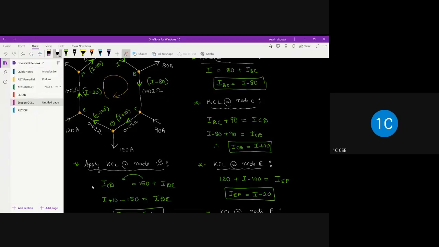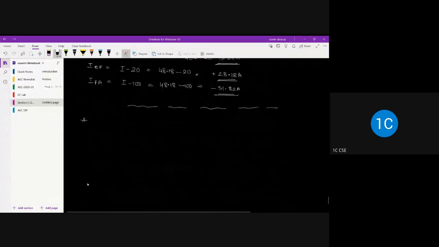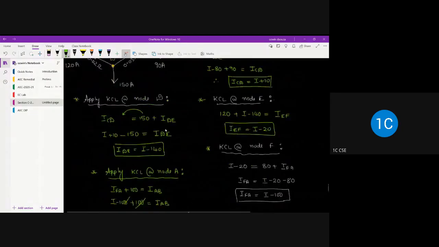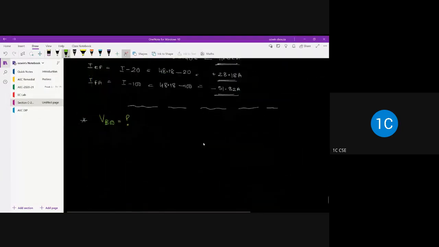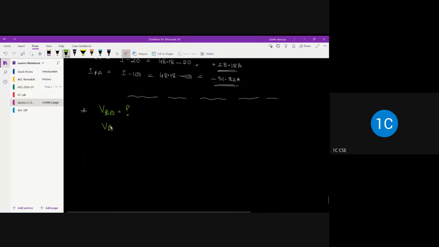Measure the potential between the nodes B and D. VBD is equal to how much? And also VDF is equal to how much?